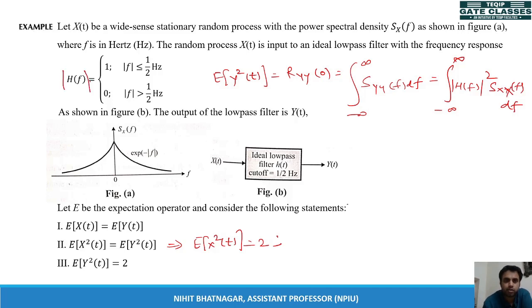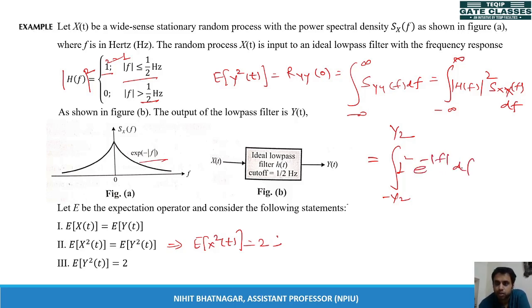Its modulus value is 1, so the square is also 1. But by the help of this filter, the integration limits become minus half to plus half. So the value is 1 squared times S_X(f), that is e to the power minus mod f df.